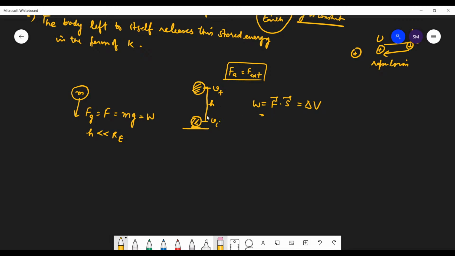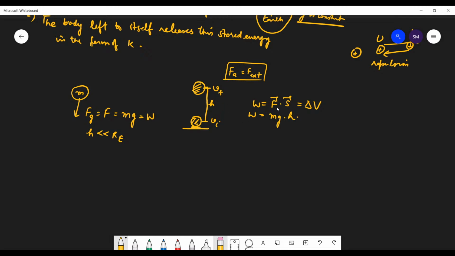The forces are actually equal and opposite because there is no change in velocity, so acceleration is 0. So I can take this force as mg, and the displacement is h.